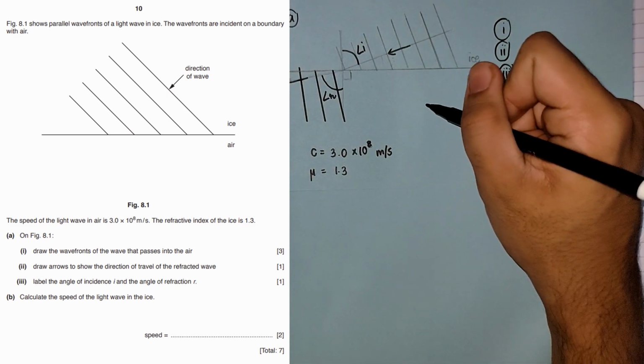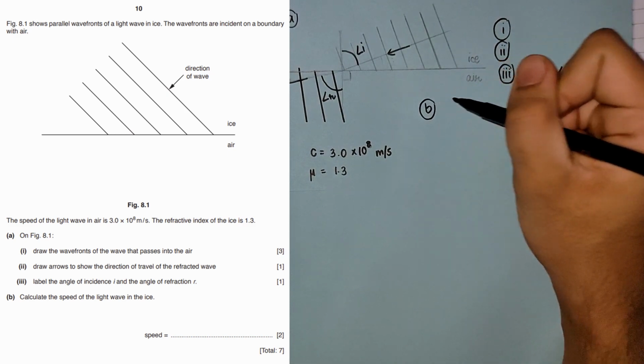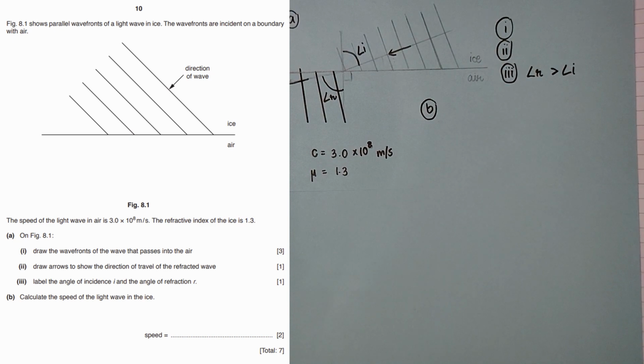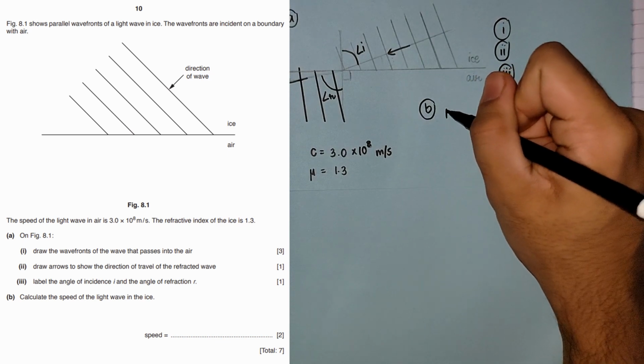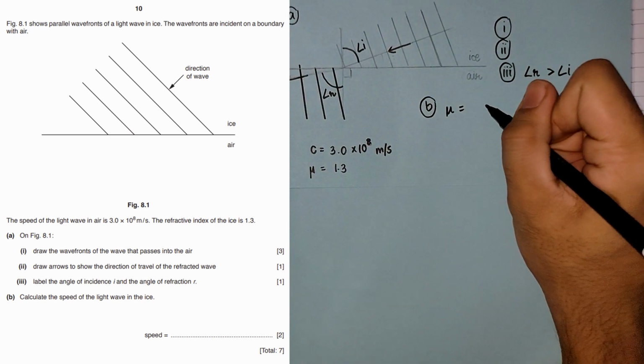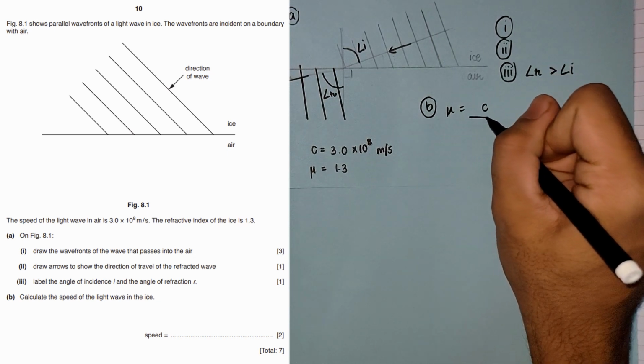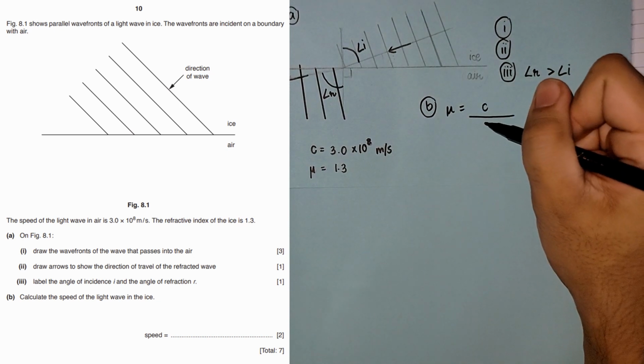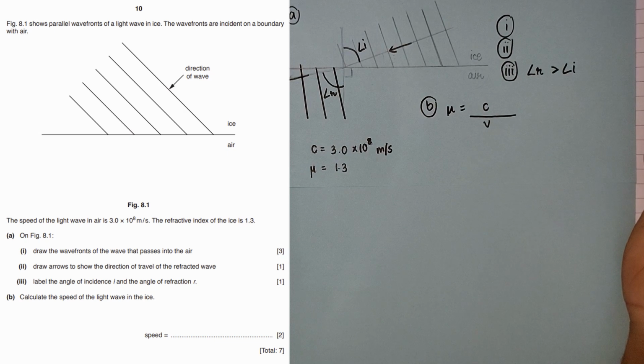Let's move on to part B. In part B, we have been asked to calculate the speed of light wave in the ice. We have been given the refractive index. The formula is refractive index is equal to speed of light in vacuum, which I'll call c, divided by the speed of light in the material.